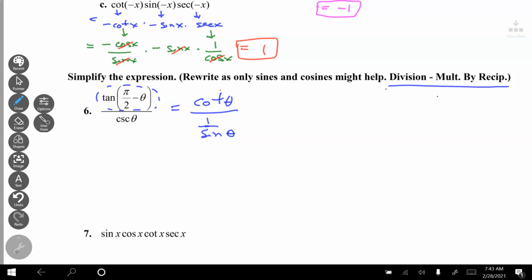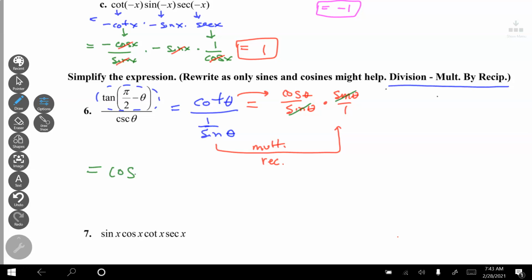I'm going to rewrite this as cosine of theta over sine of theta, and now I'm going to multiply by the reciprocal. So instead of dividing by 1 over sine, I'm going to multiply by sine of theta over 1. I see the sines cancel out, and I'm really only left with cosine of theta. So this whole mess to begin with just reduced down to cosine of theta.